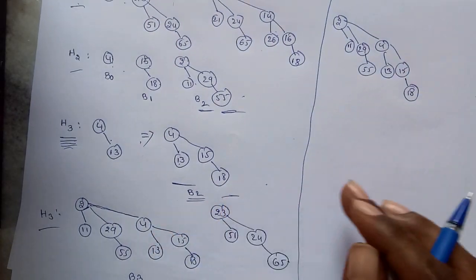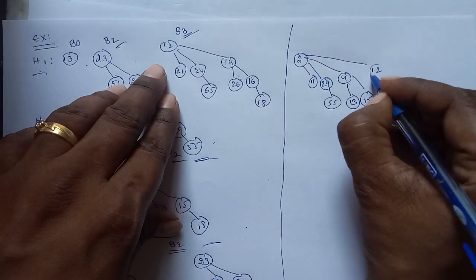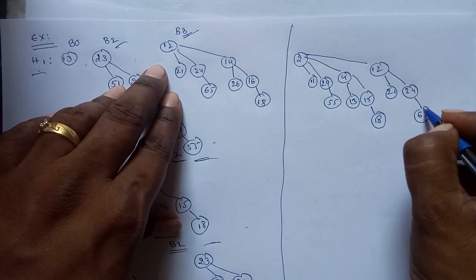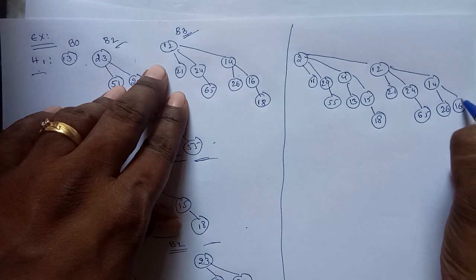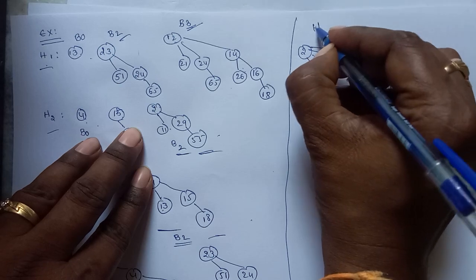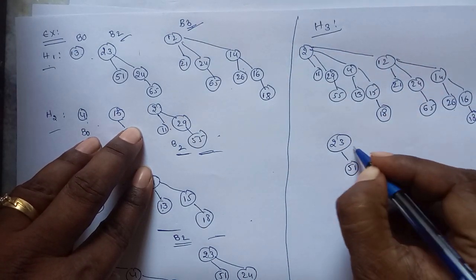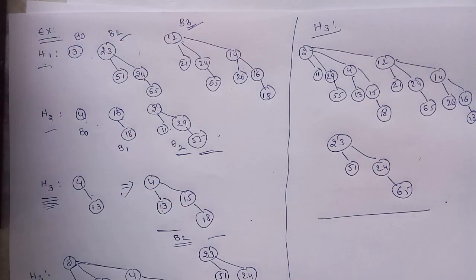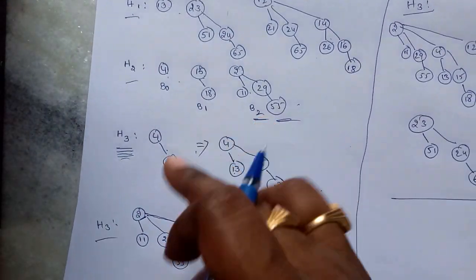This B3 is combined with it; simply add a link. 12, 21, 24, 65, 14, 26, 16, 18. And this is H3, and 23, 51, 24, 65. This is the final answer. So the final answer after merging this H1 and H2 is this one.